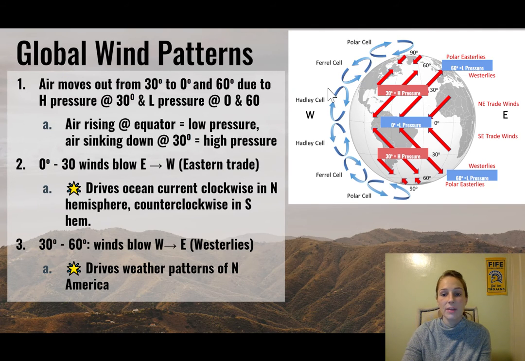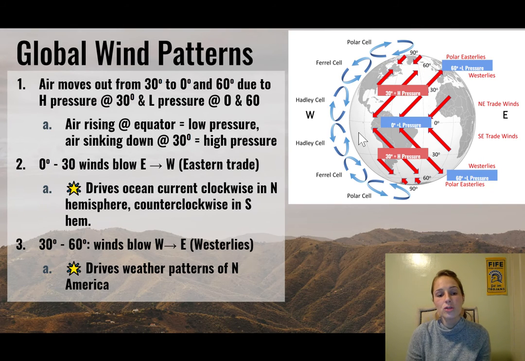So again, just think of each of the cells. It's going to be coming down at the high, up at the low. And we're seeing that in each of these areas. And then what this is going to cause is the 0 to 30 winds blow from east to west. These are called the eastern trade winds.